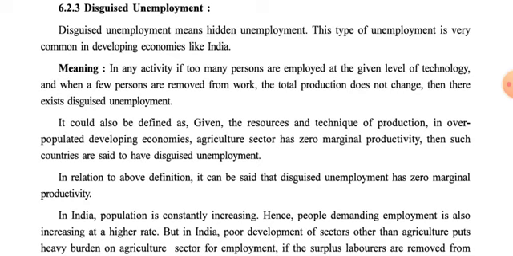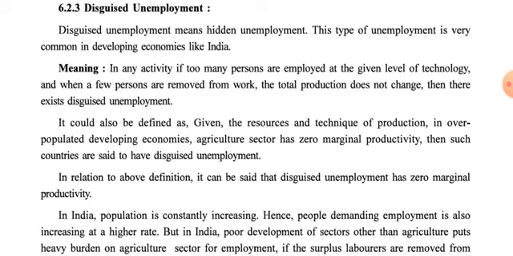It means if the economy is underdeveloped or developing in nature, then we can see underemployment and open unemployment, which are seen in the underdeveloped or developing economy like India, while a developed or capitalist economy faces frictional unemployment and cyclical unemployment.